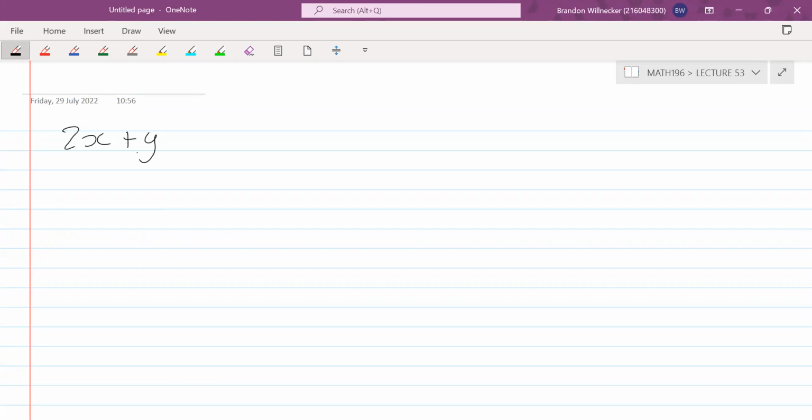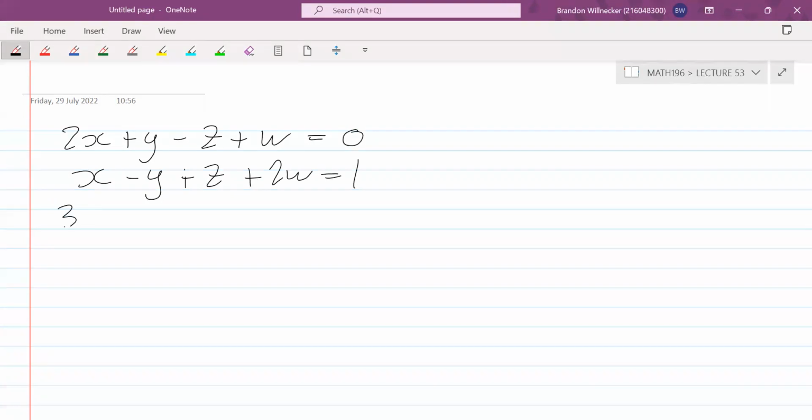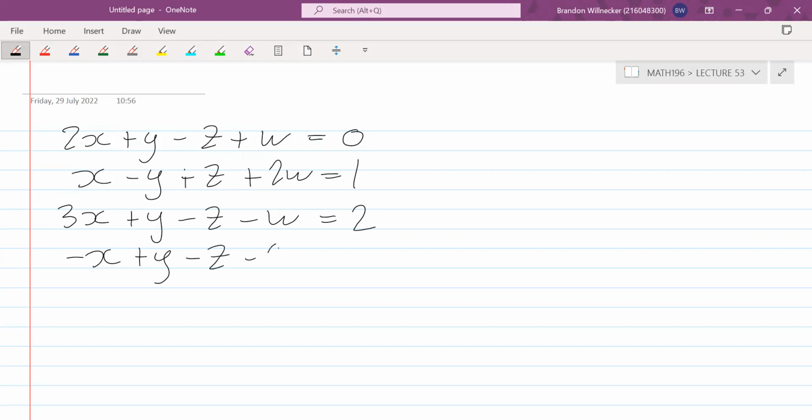2x plus y minus z plus w is equal to 0. x minus y plus z plus 2w is equal to 1. 3x plus y minus z minus w is equal to 2. And let's say minus x plus y minus z minus 2w is equal to 3. Okay, so we've got 4 variables, 4 equations.